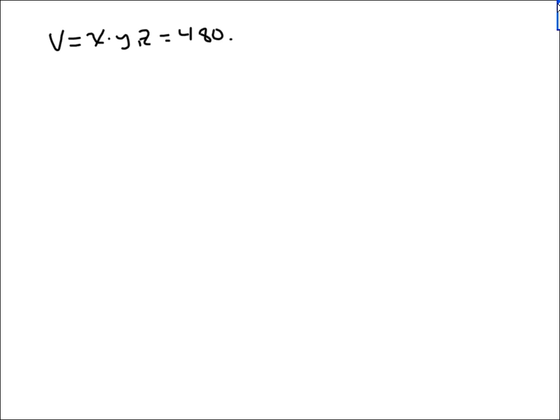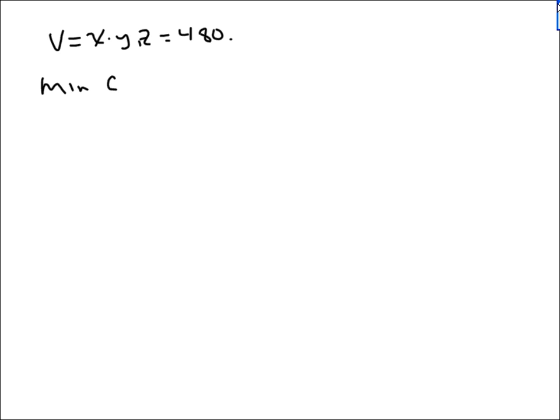And they want you to use Lagrange multipliers to find the dimensions of the container of this size that has a minimum cost. So you want to minimize the cost.